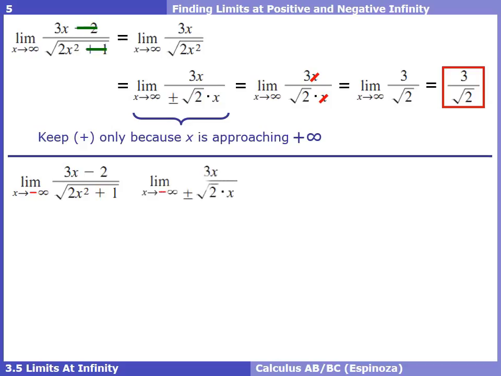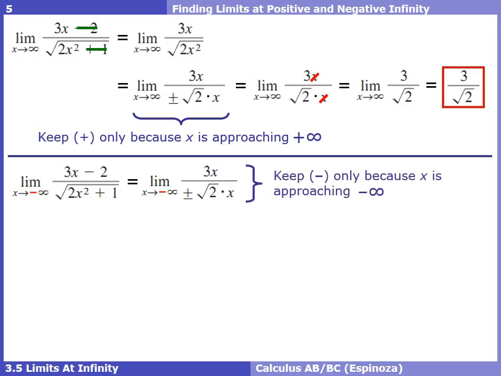Okay, so how is that going to be different in our other part of this problem where we're going to negative infinity? Well, luckily the process is still the same. We're still going to end up with this same expression, 3x over the plus minus square root of 2 times x.